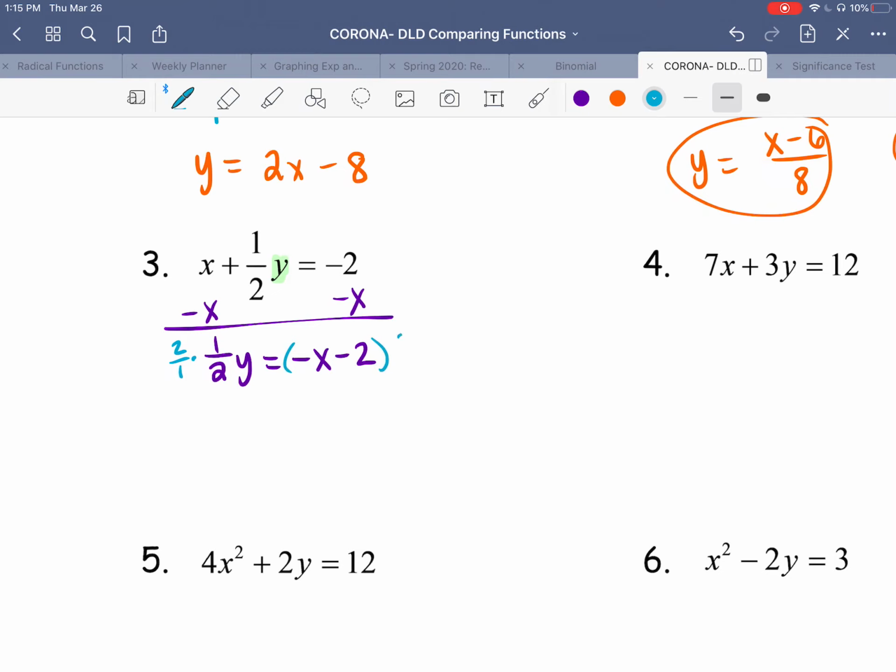So multiply both sides by 2 over 1. Be careful with the parentheses there, make sure you put it in parentheses. So now we're going to have y equals 2 times (negative x minus 2). And if you distribute that 2 out, we're going to get y equals negative 2x minus 4.